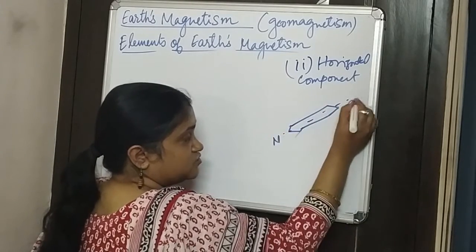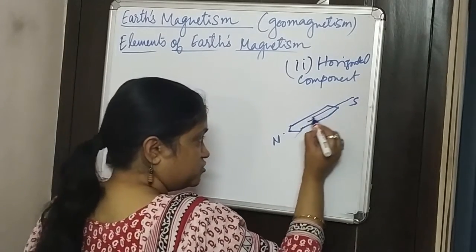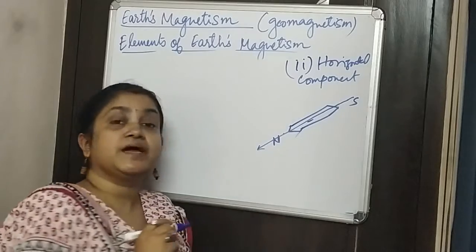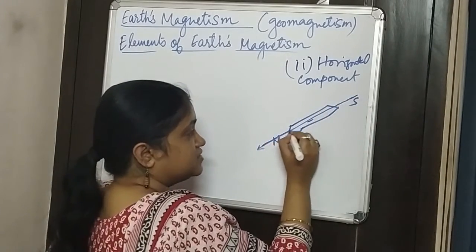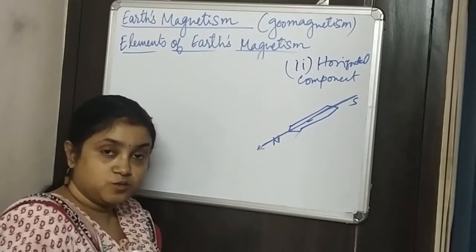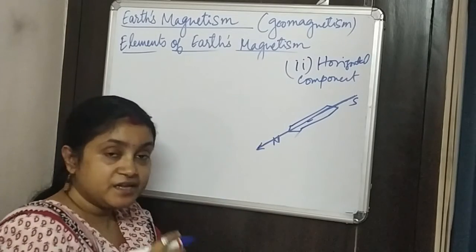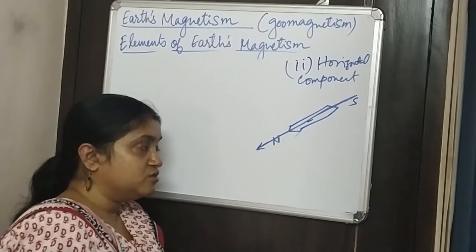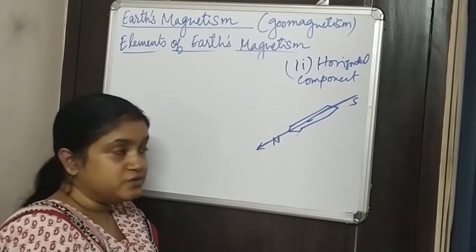If this is north and this is south, then from south to north is the direction of the magnetic field. If this is your magnetic field direction, then this is a vector quantity. Since it is a vector quantity, you can analyze it by dividing it into two components.